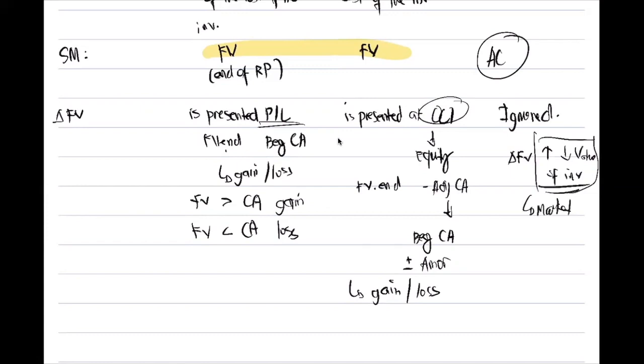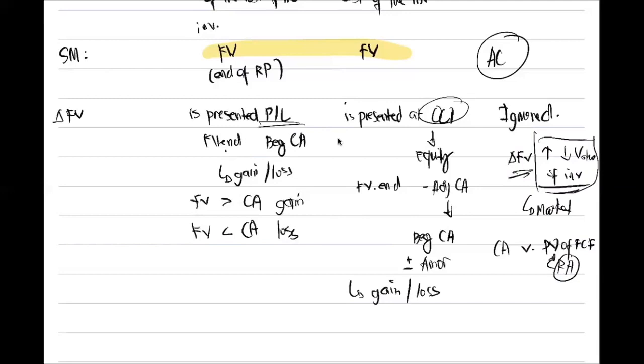And remember, how do we impair again using amortized cost? We impair by getting the carrying amount versus the present value of future cash flows. This normally is the recoverable amount, the present value of future cash flows. Therefore, what is important as to the investment under amortized cost is not the fair value, but the future cash flows.